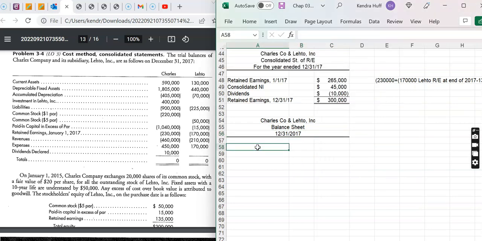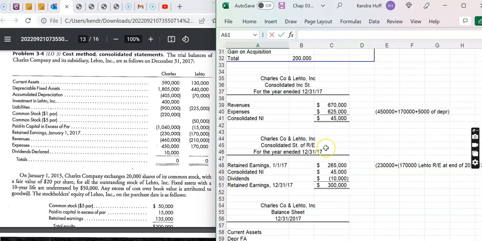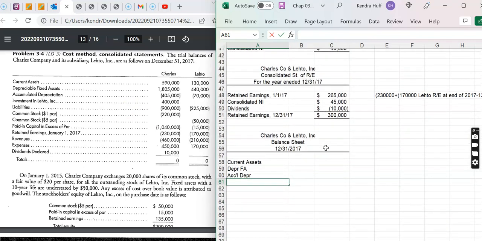So we have current assets, depreciable fixed assets, accumulated depreciation. Don't need the investment. That's not going to show up at all. And then we have goodwill. We need goodwill.